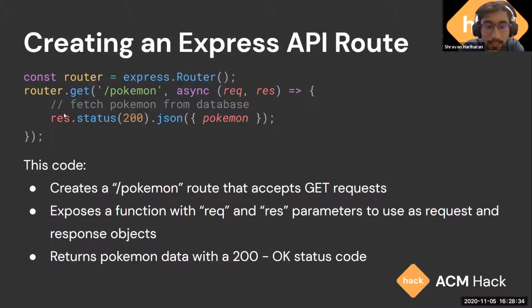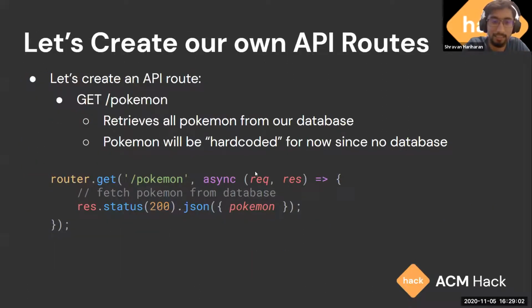Then we can perform our business logic. We can do whatever we want to fetch Pokemon from the database. But at the end of our function, we want to respond to our client. How we do this is res.status of 200, which is okay, .json, and then our Pokemon object.